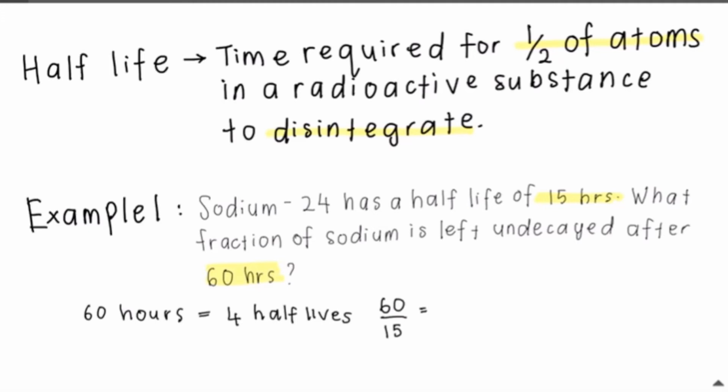So you will get 4 half-lives of sodium-24. We want to know what fraction of sodium remains. The undecayed sodium is just half to the power of 4, which is 1/16. So the fraction of sodium that is left is 1/16 of the original.